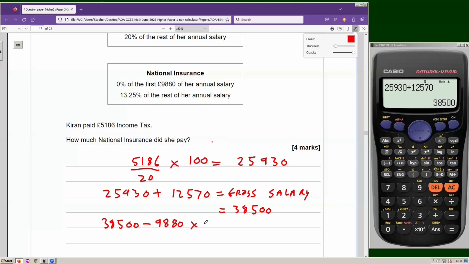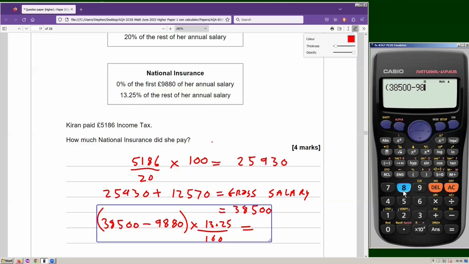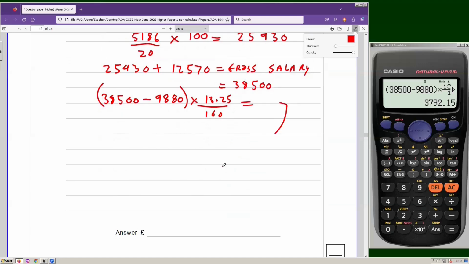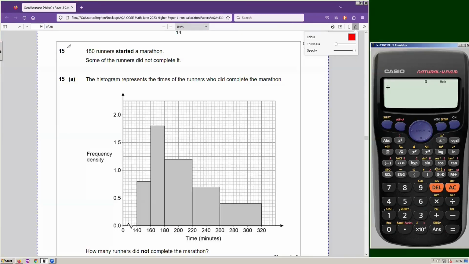So we times that by 13.25 over 100. And that'd be the national insurance. Put that lot in a bracket, of course. Okay, let's do that. That's the national insurance. Quite a lot.